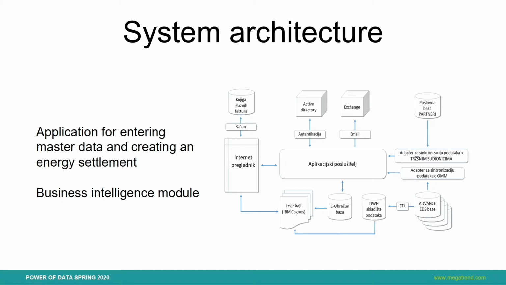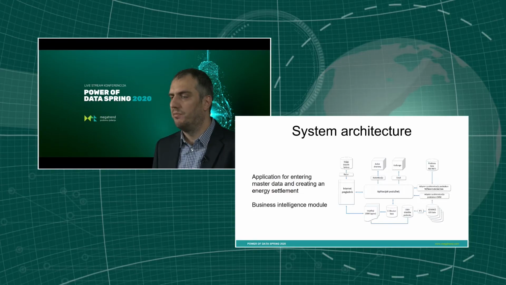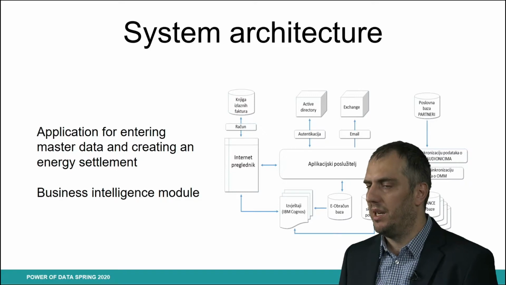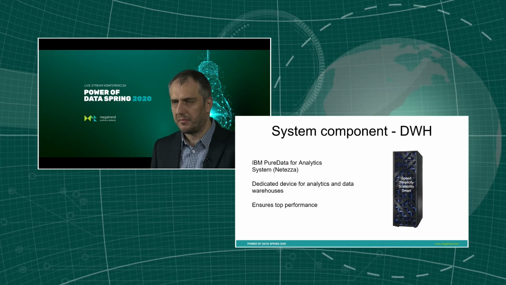The application for entering the master data is used for maintaining the master data and all contracts needed for the settlement, and also for creating the reports and verifying them. The business intelligence module consists of the data warehouse and the reporting system. The application was developed by the HOPS internal team, and the BI module was developed by the Megatrend BI team.